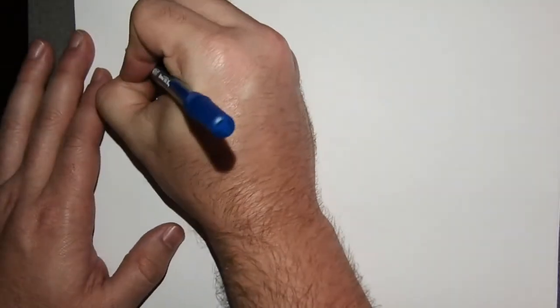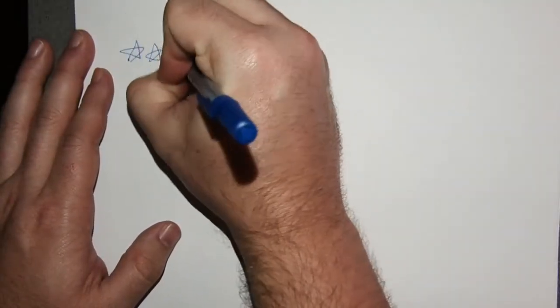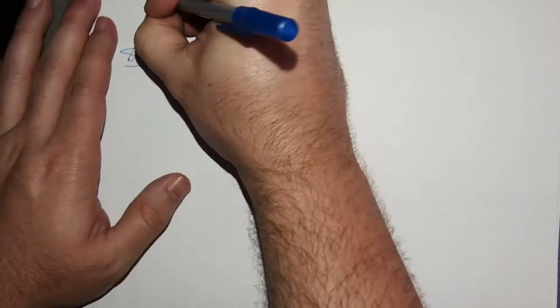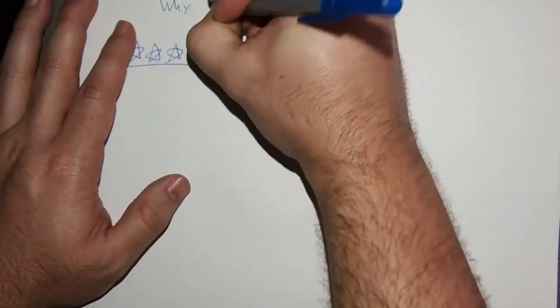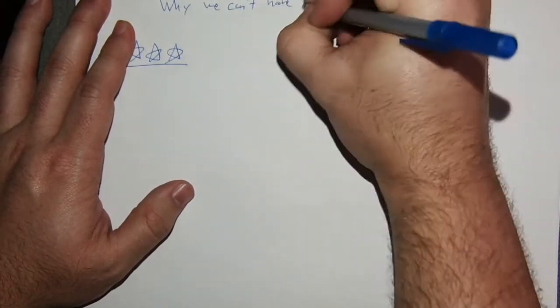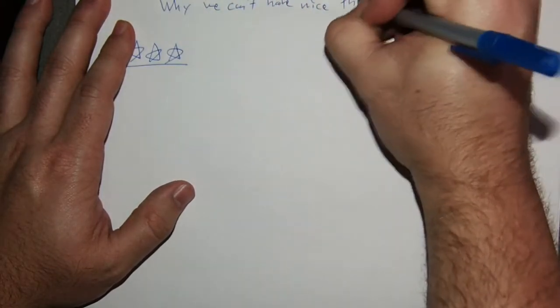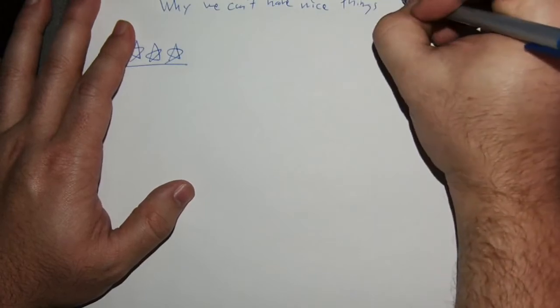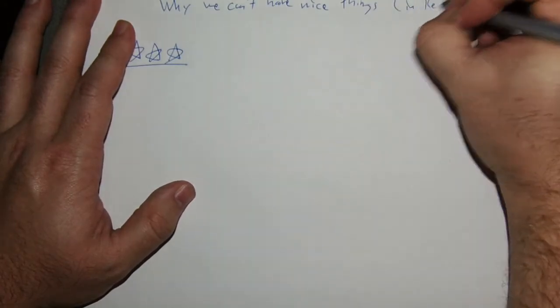And it is the reason why doing calculus in the reals works the way that it does. Okay, so this is very important. Maybe I should call this at the top: why we can't have nice things in real analysis.